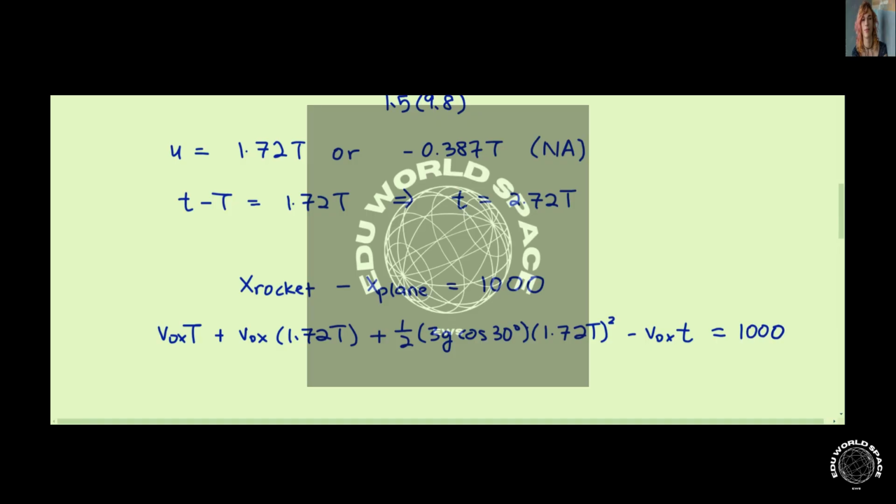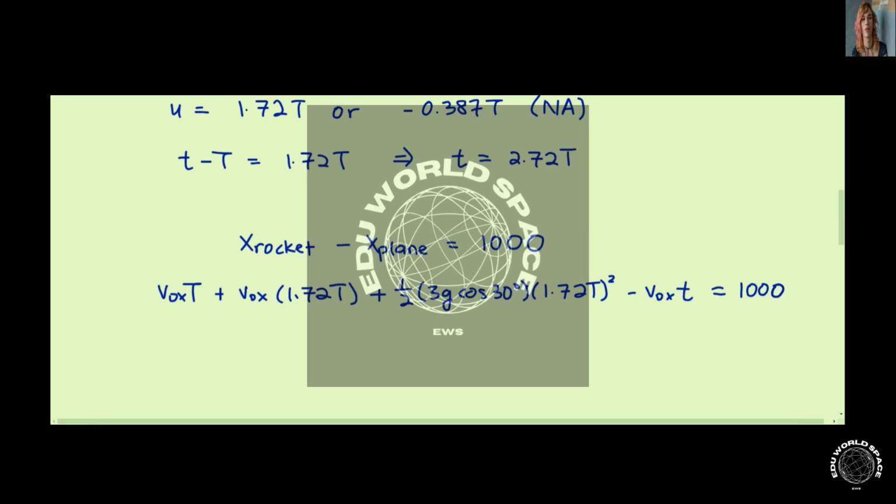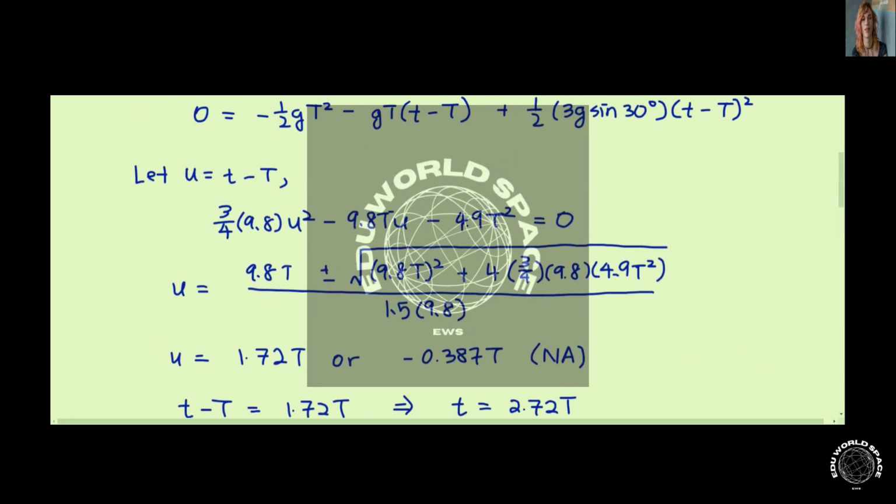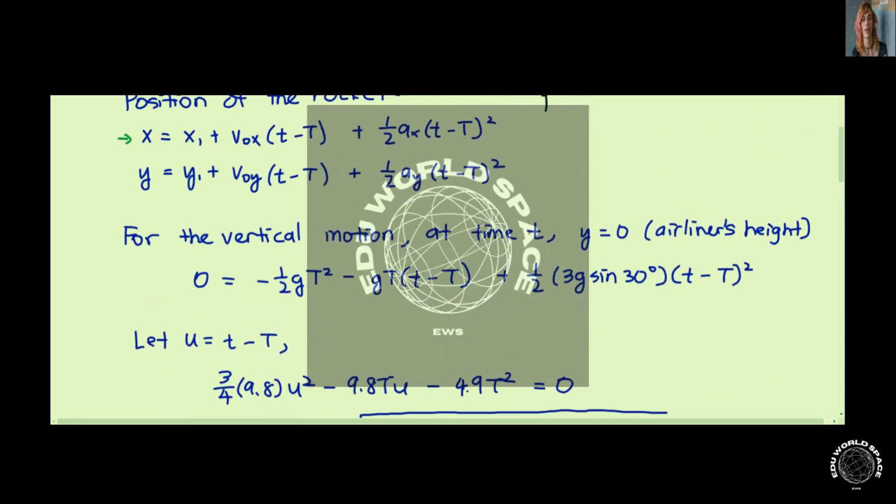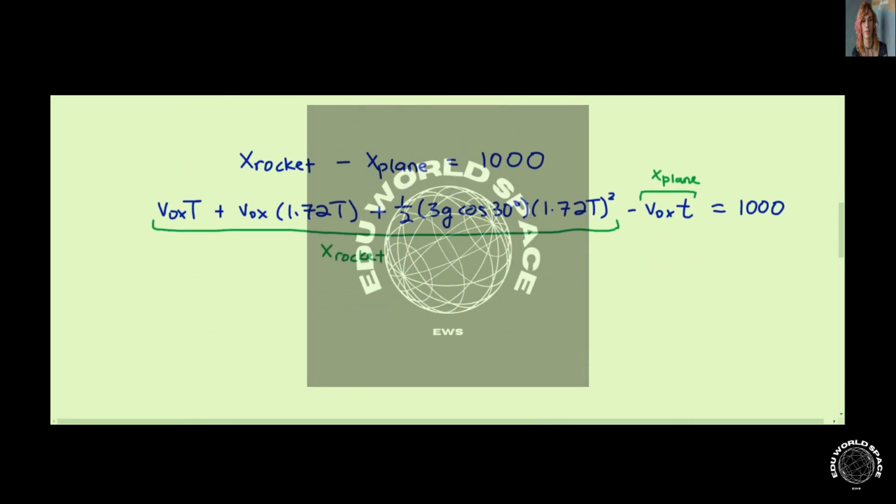This part is the x of the plane, and this part here is the x of the rocket, which follows this equation for the position of the rocket.